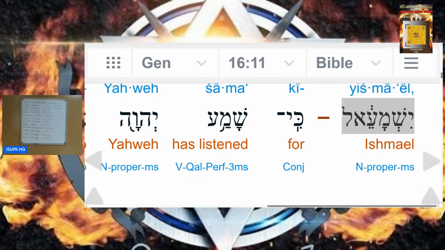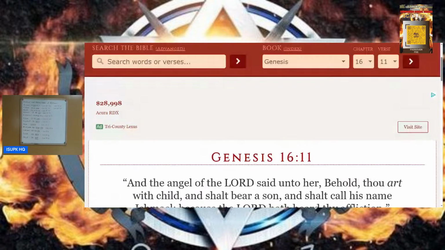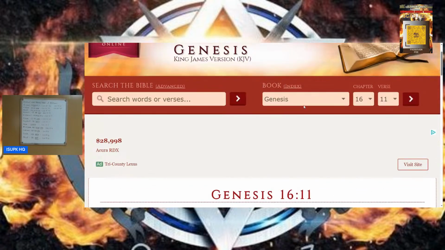Now let's look up Elam. So Elam is in Genesis 10, verse 22.